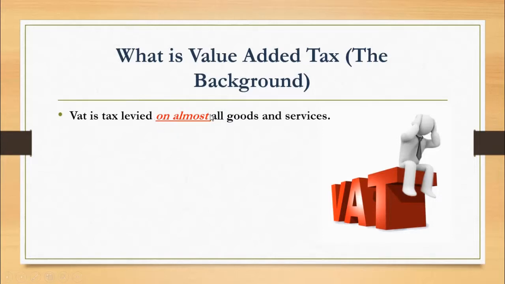Throughout this course, you're going to understand that there are some goods that are tax exempt, or some goods that are zero rated. We will know in the coming sections, but just have that understanding that not everything will be charged tax.